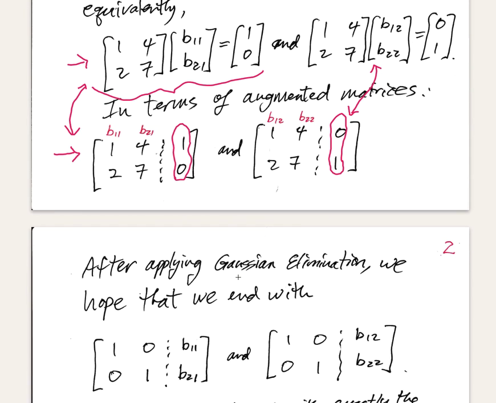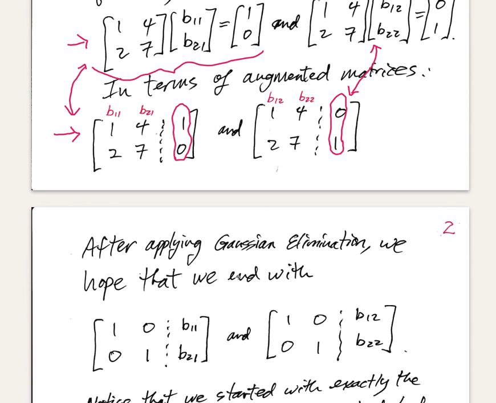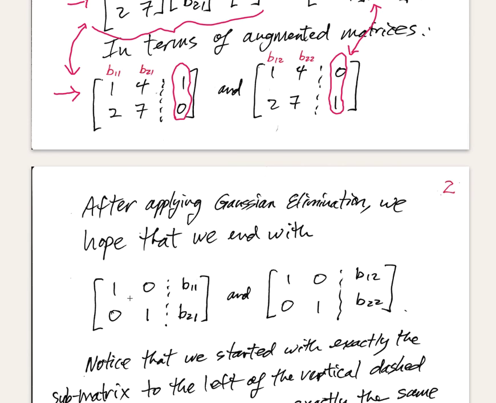Now remember, if we apply Gaussian elimination here, we're hoping to end with the row-reduced echelon form that's perfect for a unique solution: 1, 0, 0, 1, the 2 by 2 identity matrix, and then two numbers on the right.